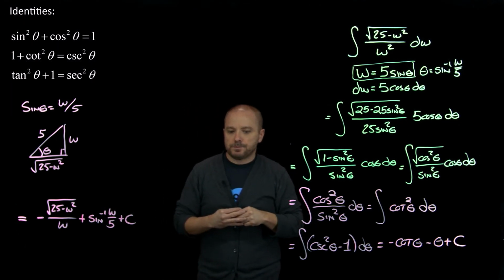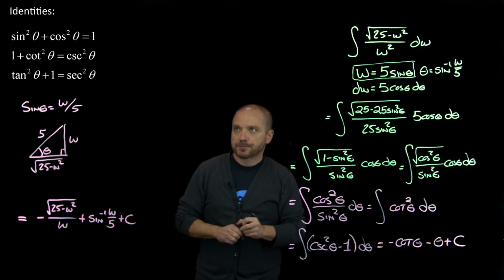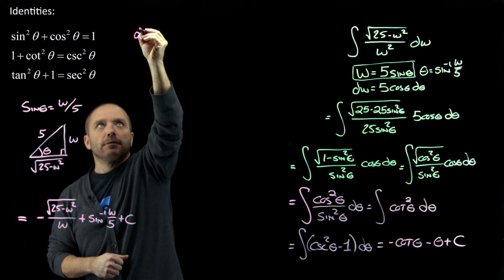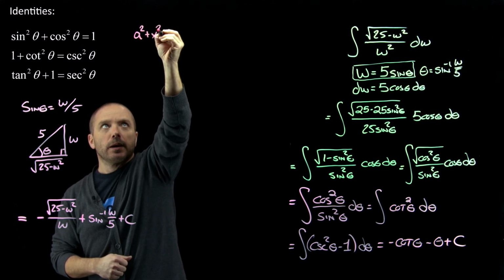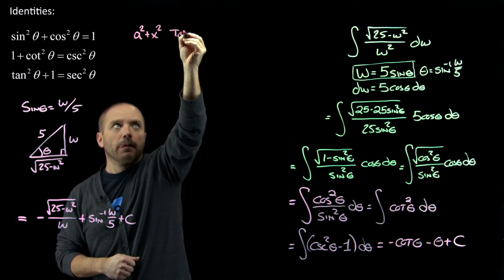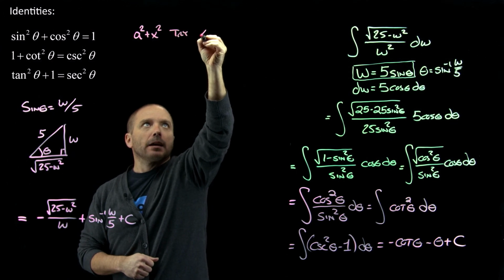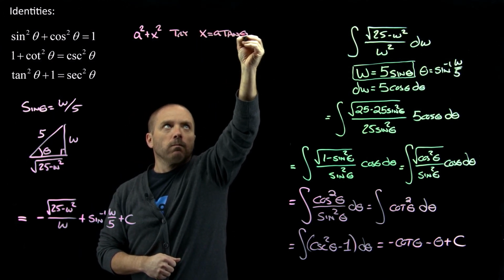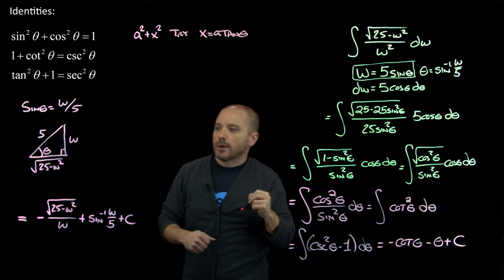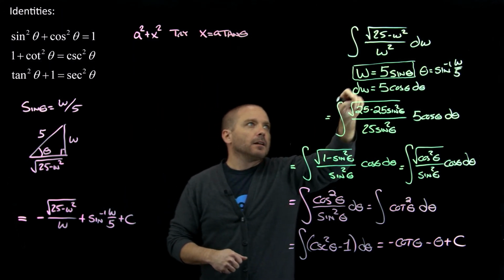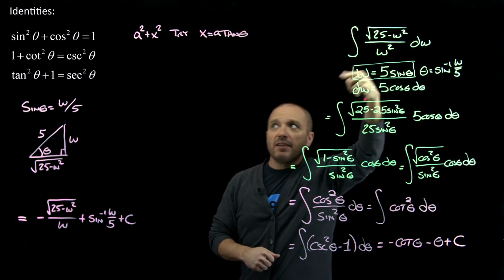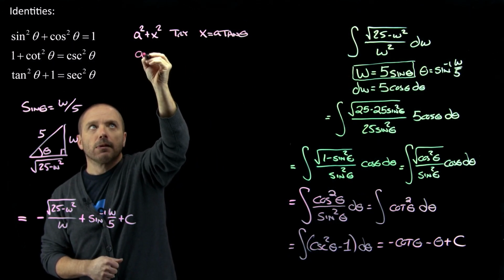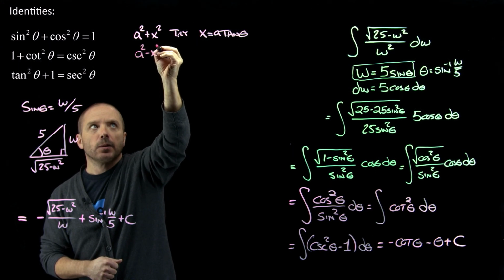So, so far we've seen that if you have something of the form a squared plus x squared, we said to try x equals a tan. And now what do we have? We have a squared minus the variable squared. I used w's in this case, but a squared minus x squared.